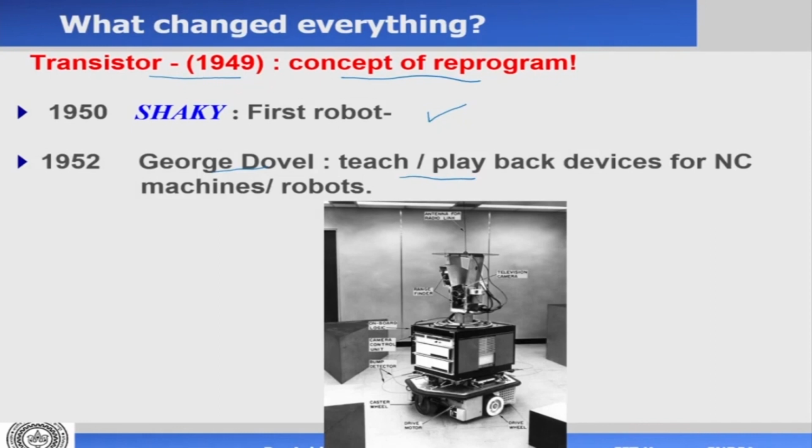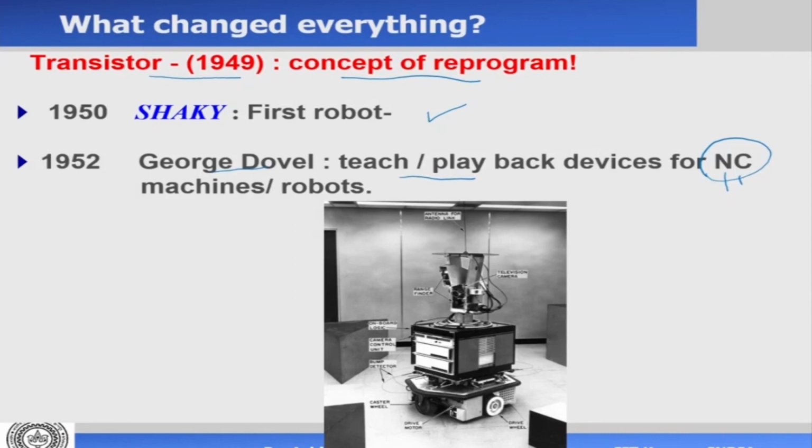In a robot, you move the arm or the end effector by inserting numbers, which are position coordinates. In an NC machine also, you're moving a machine tool, or the part, by inserting numbers. NC means numerical control.